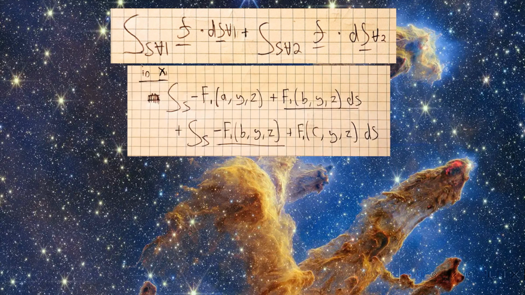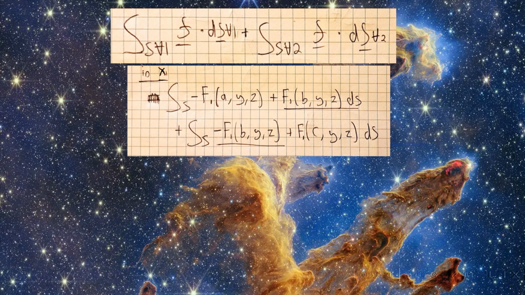And let's again look at it in the x direction. So I'm going to have negative f1 evaluated at A plus f1 evaluated at B over the surface, and that's going to be for volume 1. And then for volume 2, I'm going to have negative f1 evaluated at B plus f1 evaluated at C, and that's going to be for volume 2.